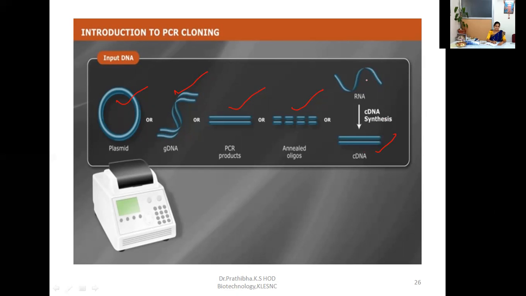Right now, the coronavirus has an RNA molecule as its genetic material. That RNA molecule will be subjected to RT-PCR, where we convert the RNA molecule into cDNA molecule. cDNA synthesis will be done.